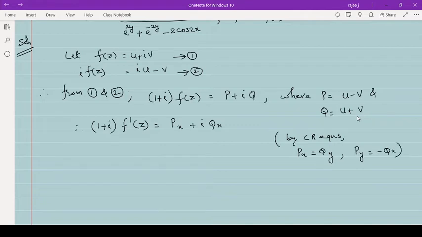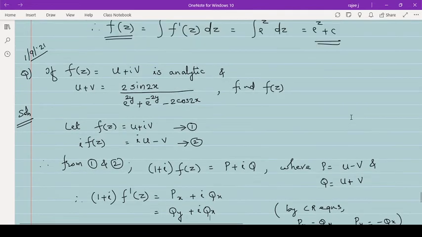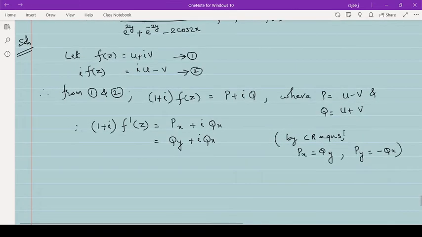So instead of px we can write qy, so qy + i qx. Why are we taking q? Because u + v is given, q is given. So this is the first thing you have to do. Here qy means ∂q/∂y and qx is ∂q/∂x.